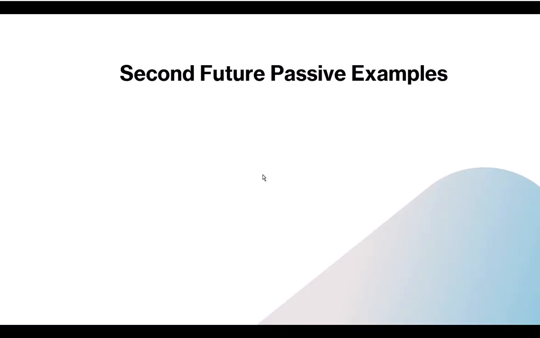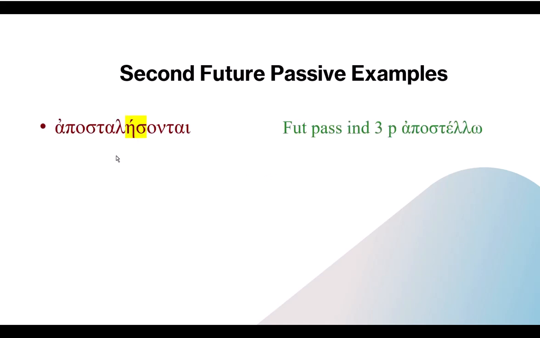Let's look at some examples of second future passive. So we have one that we just saw, apostalesontai, a third plural passive. So it's a future passive indicative, third plural of apostello, and the meaning would then be they will be sent. So this is passive voice and third plural.